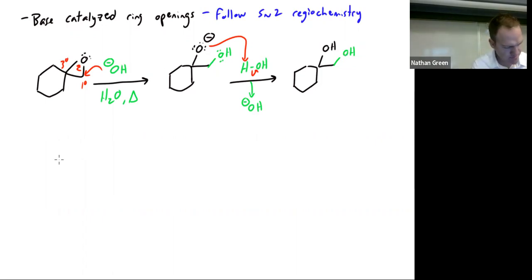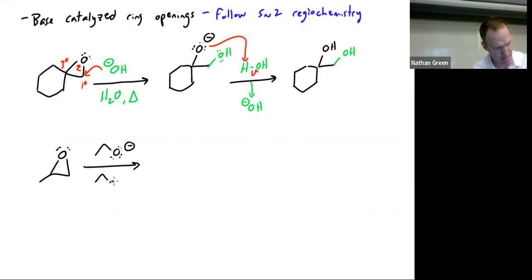So for example, I could have an epoxide. This epoxide, I don't know why that methyl group needs to be so flared. Go. And I could react it with ethoxide. We typically run that in its solvent ethanol. Ethoxide is going to attack the carbon on the left or the carbon on the right.